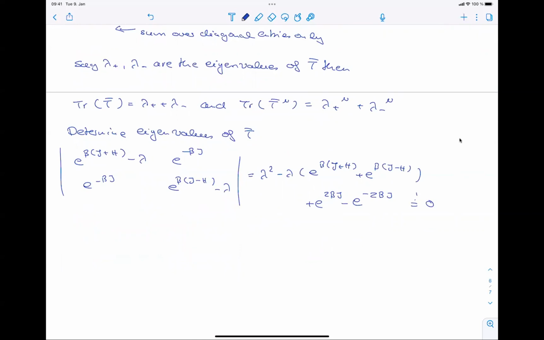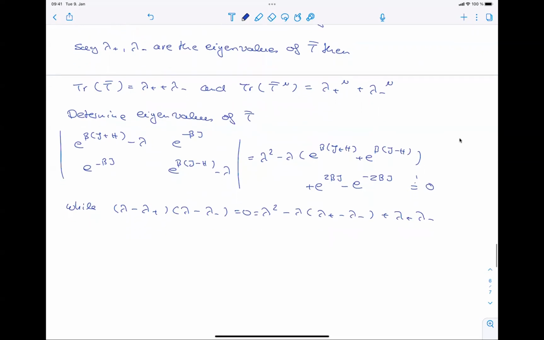That defines our eigenvalues. And so we can read this off, because we know that this needs to factorize in lambda minus lambda plus and lambda minus lambda minus, which is equivalent to lambda squared minus lambda times the sum of the eigenvalues plus their product. We can see that lambda plus times lambda minus is equivalent to e to the 2 beta J minus e to the minus 2 beta J, which is a positive number.